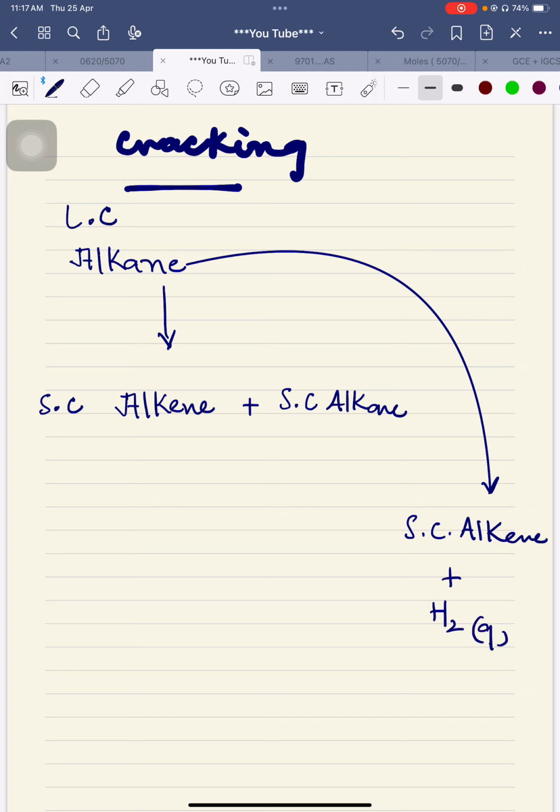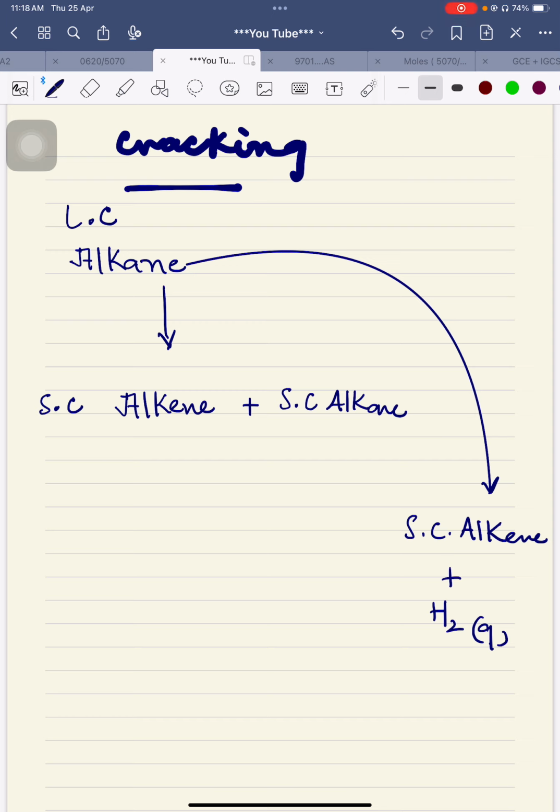Before moving ahead, I would like to inform you, sometimes the examiner asks what are the benefits of cracking, why cracking is carried out. Sometimes we are digging in any place of land to get a specific type of hydrocarbons. Then we observe, for example, alkanes of a longer carbon chain.